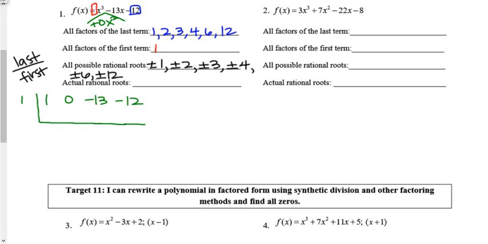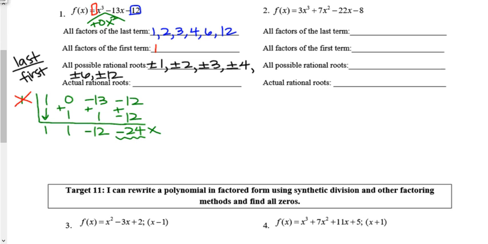All right, bringing down my 1 first. 1 times 1 is 1. I add that to 0 to get 1. 1 times 1 is 1. Add that to negative 13, I get negative 12. 1 times negative 12 is negative 12, and when I add those together, I get negative 24. That is not 0.